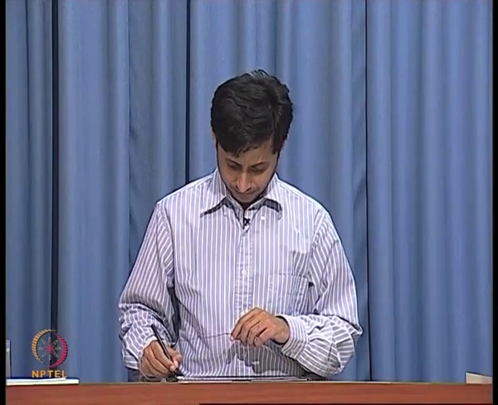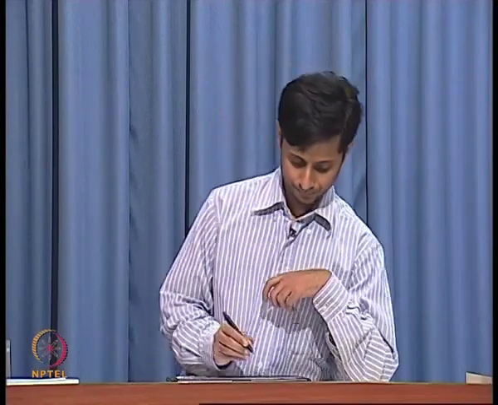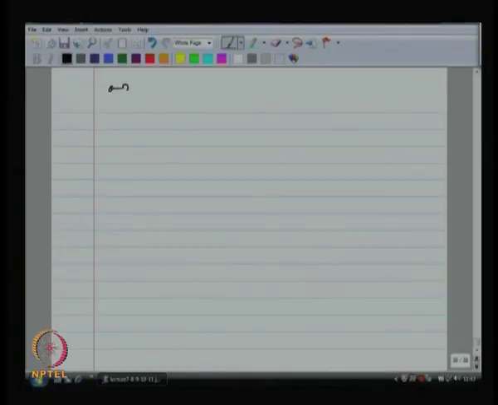Now, just for this particular lecture, let us assume that R is 0, G is 0. So, in that case my transmission line basically looks like this. Okay.